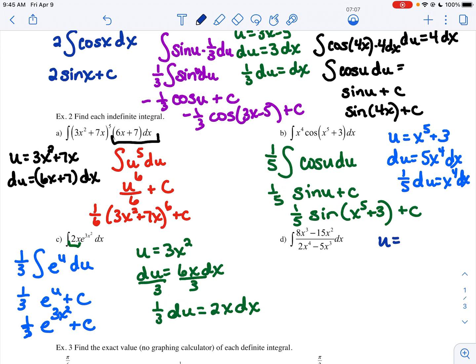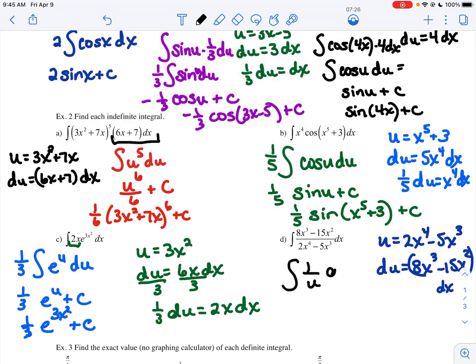But if I start with the denominator and I take the derivative, I get 8x cubed minus 15x squared dx, which is the entire numerator. Okay, so that's pretty cool. So this is going to give me the integral of 1 over u du. Well, let's remember the integral of 1 over u du is the natural log of absolute value of u.